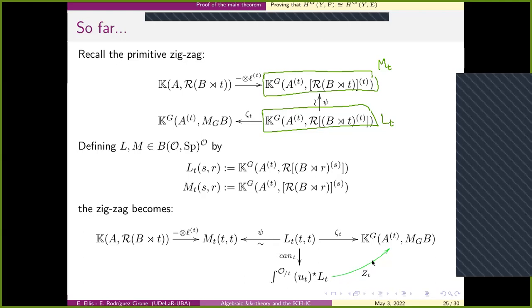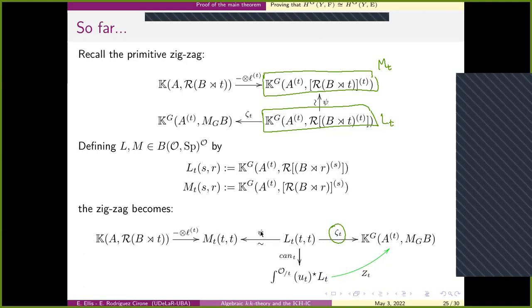These green arrows will mean that the morphism is a morphism of orgy-fine spectra, that it is natural in T. So we have taken care of this morphism, and we found an analog that is natural in T.